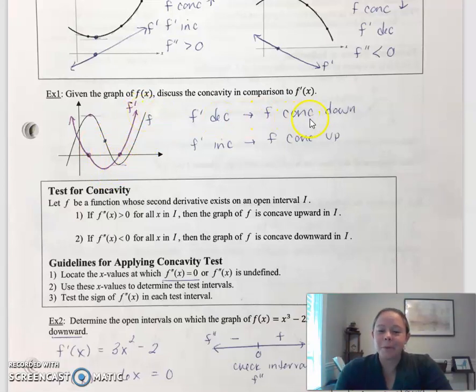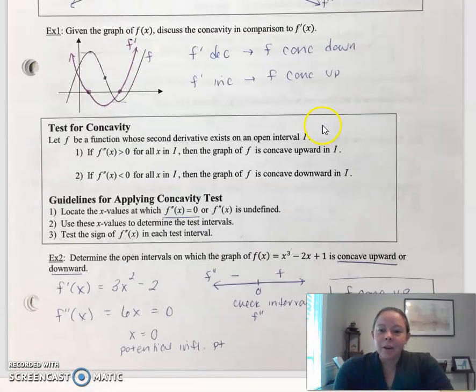Okay, so now to test for concavity, we'll want to use the double derivative. Coming back up here, if I was to sketch the derivative of the derivative, it's getting the double derivative. Notice the slope of the tangent line is 0 here, so it'd cross.